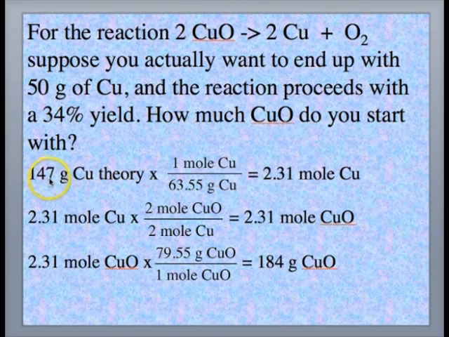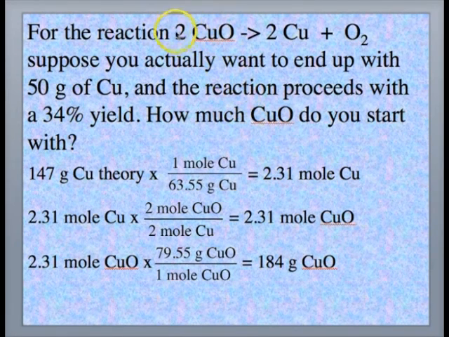So we need to convert 147 grams of copper to moles of copper using the formula weight. I'm going to divide by the formula weight, 1 mole of copper per 63.55 grams of copper. Grams of copper cancel out. We're left with moles of copper, 2.31 moles of copper.